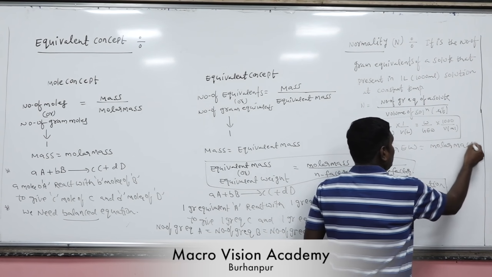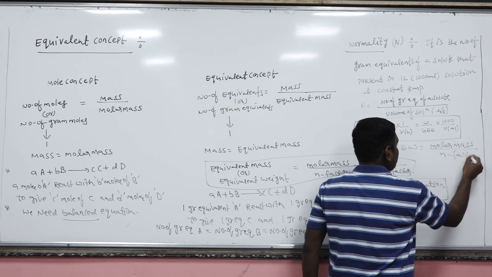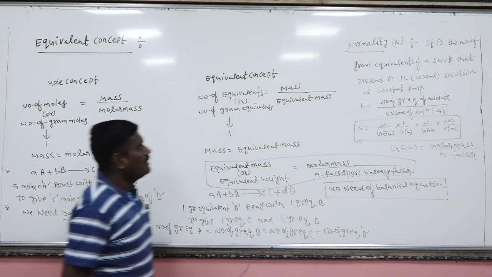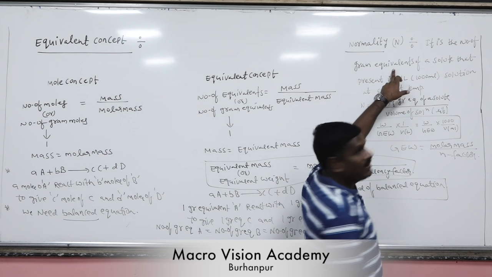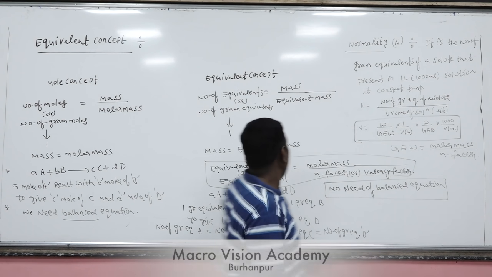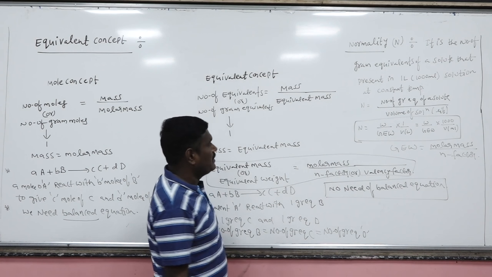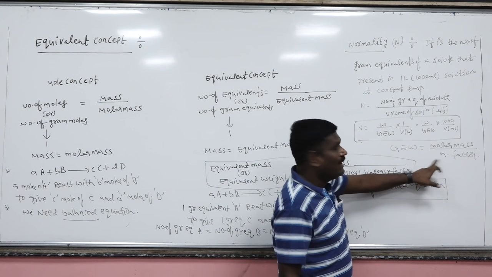So this is the concept of normality. When we are dealing with normality, we must know the number of equivalents of a substance. How to find it? Given mass upon equivalent mass. Next, how to find the gram equivalent weight of a substance? Molar mass upon n factor.